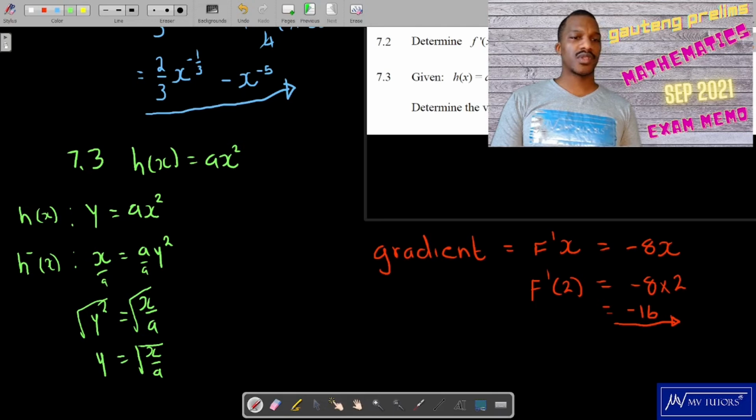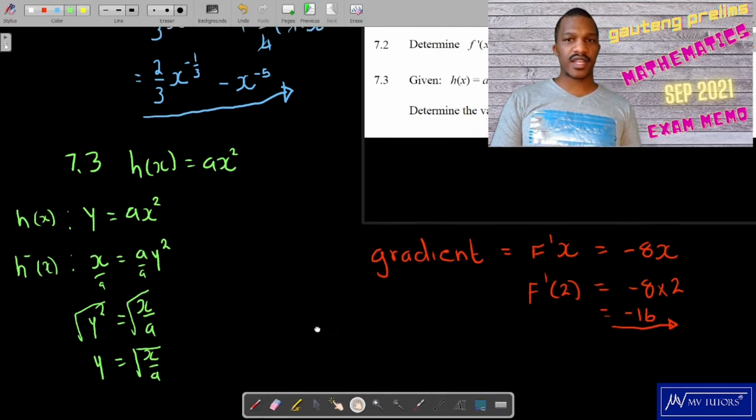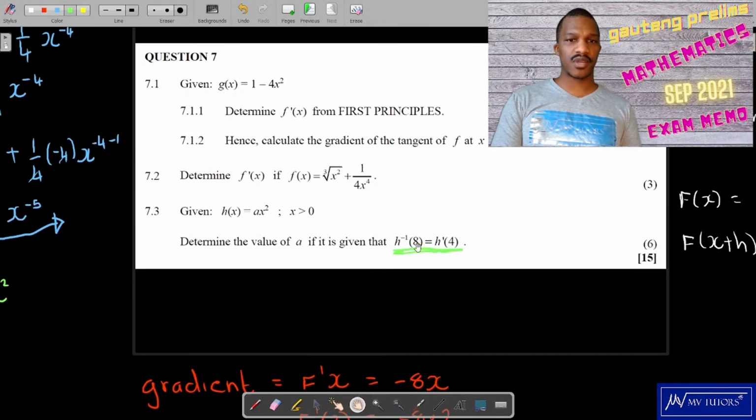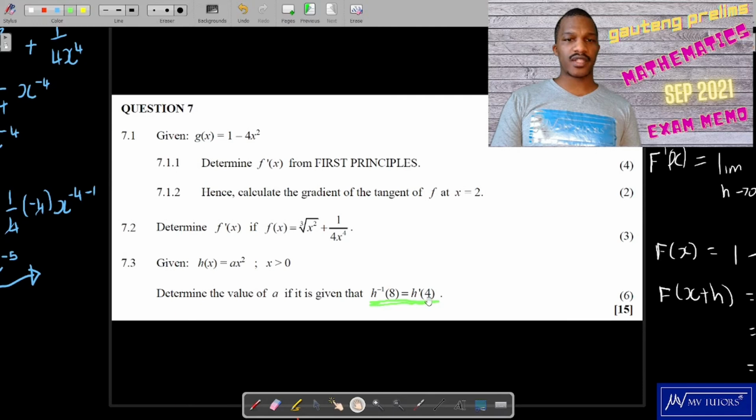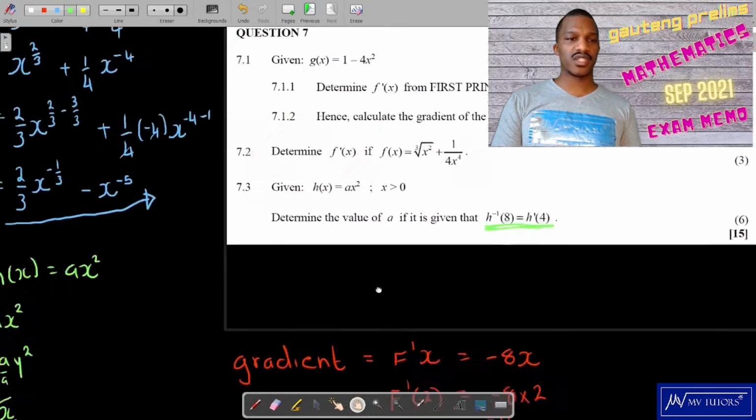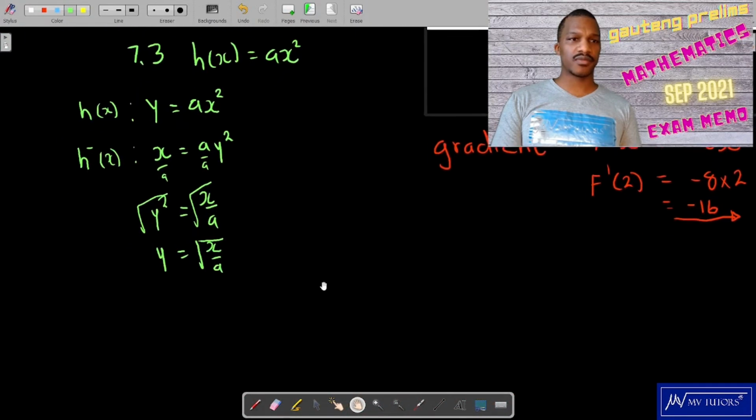Okay? So now I have that. And they are telling us in this question that if you substitute 8, that will be equal to when you derive this once and substitute 4. So let's just derive it once.